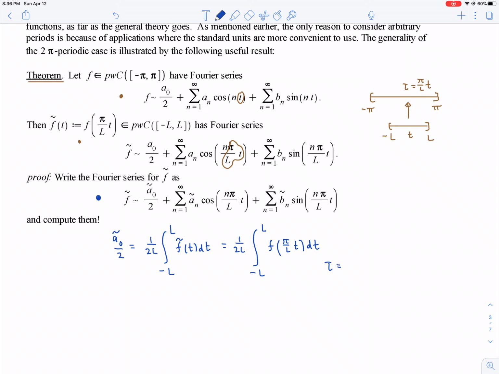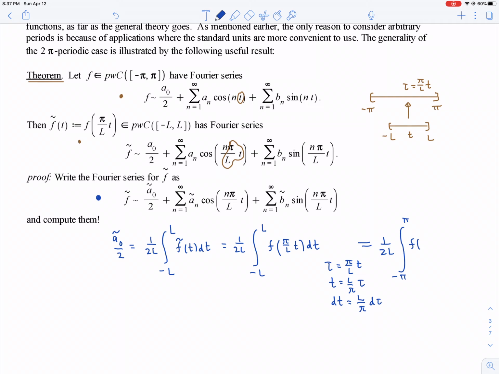We write tau is pi over L t, t is L over pi tau, dt is L over pi d tau. This integral will be 1 over 2L. As t goes from minus L to L, tau goes from minus pi to pi.